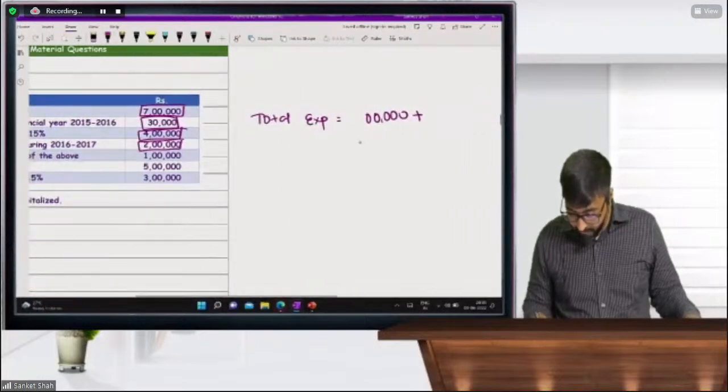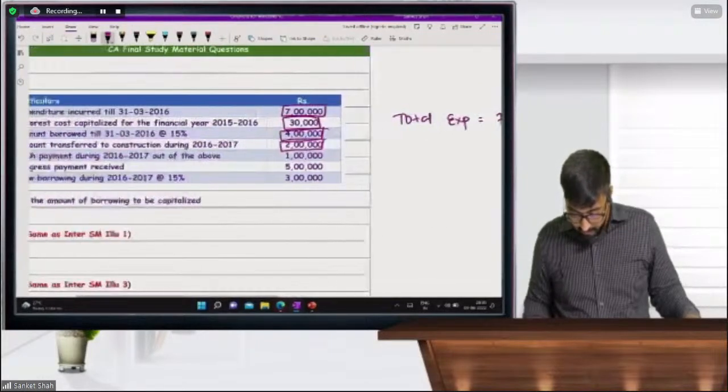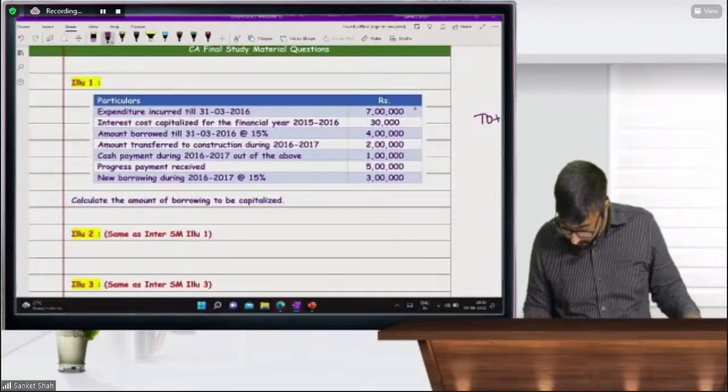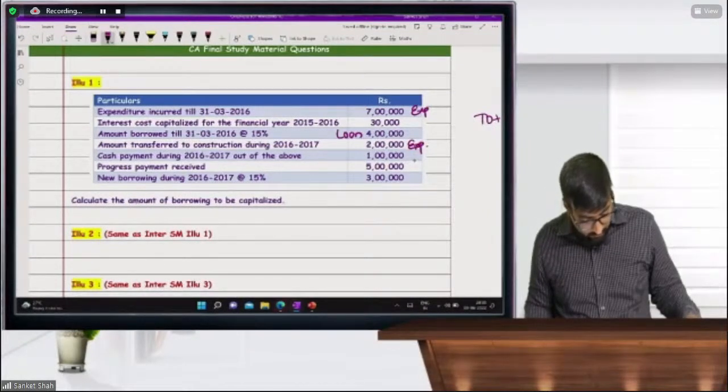Total expenditure is given as 7 lakhs. I will write over here. This is expenditure. This is interest. This is loan. This is again expenditure. Correct? Interest is also your expenditure.